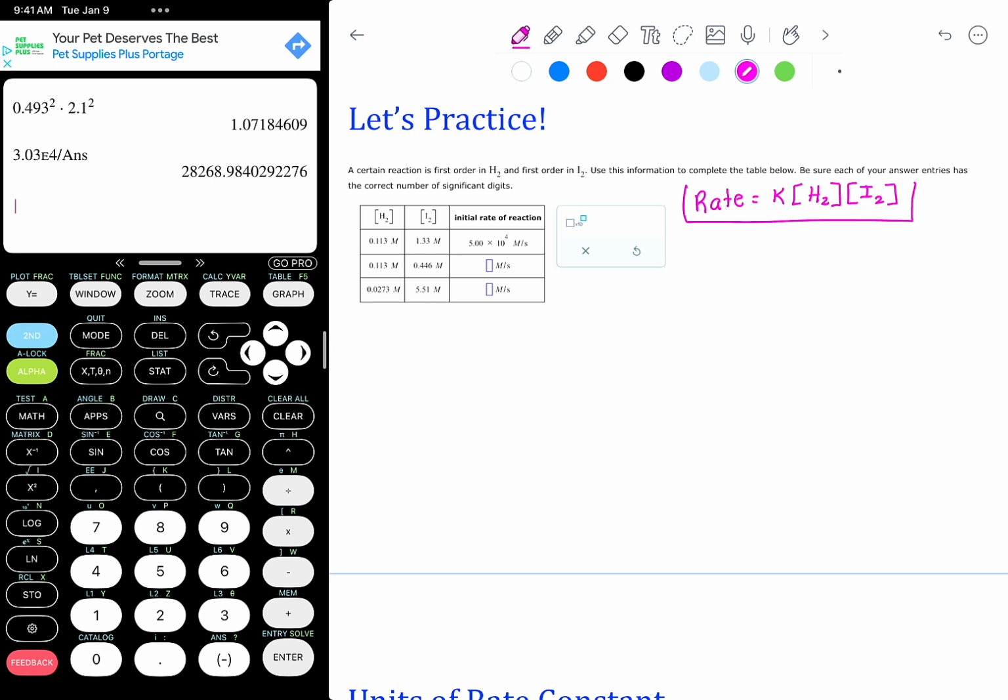We now want to find the rate of each reaction. That's what the problem is looking for. We're given information about one set of data where we know the rate and we know the concentrations.